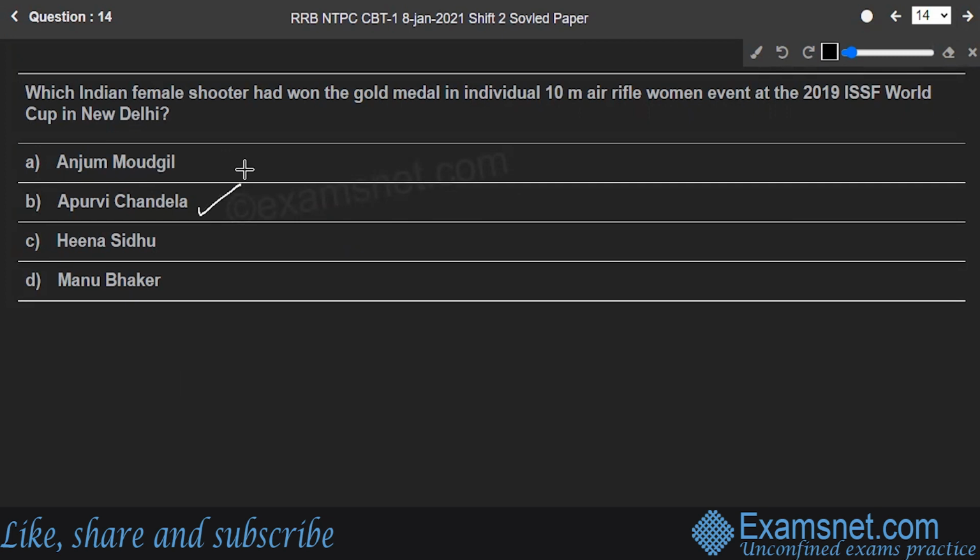She became the world number 1 in the women's 10-meter air rifle category in the 2019 ISSF World Cup. She is an Indian athlete who competes in 10-meter air rifle sport shooting. She belongs to Rajasthan state. She was awarded the Arjuna Award in 2016.